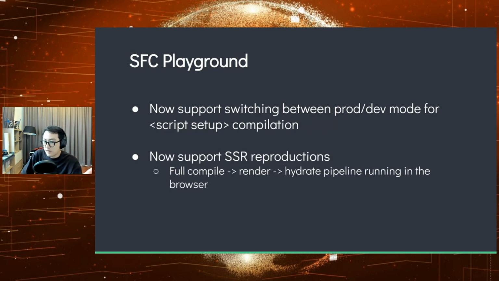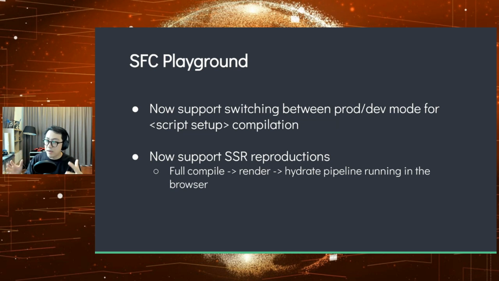Another category of bugs that's hard to reproduce is SSR hydration mismatch bugs. In the past, usually you would have to create a whole repository with the full SSR setup just to show us a very simple bug happening. So we managed to run the whole SSR pipeline, from compiling for SSR to running the server renderer and injecting the HTML into the iframe page, and then hydrating it using the same code compiled for the client.